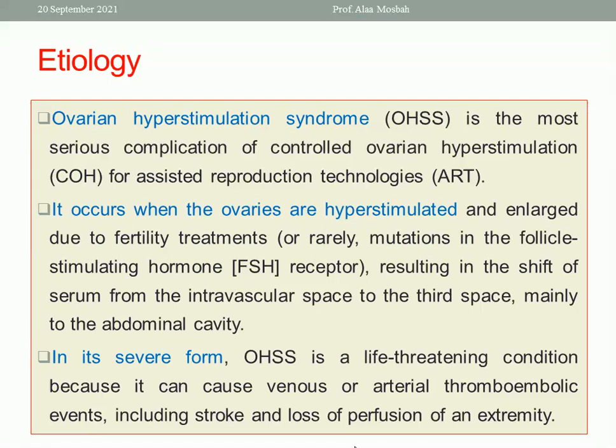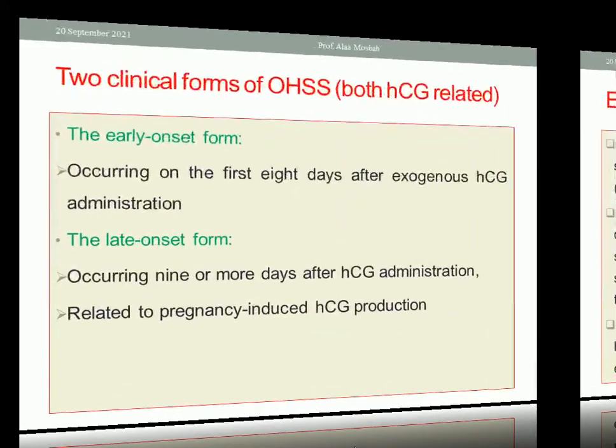In its severe form, it may be life-threatening because it can cause venous or arterial thromboembolic events. So thrombosis can happen in both veins and arteries. You should take care about this point; it's important. And maybe stroke, or loss of perfusion of an extremity happens with thrombosis in the arterial system.